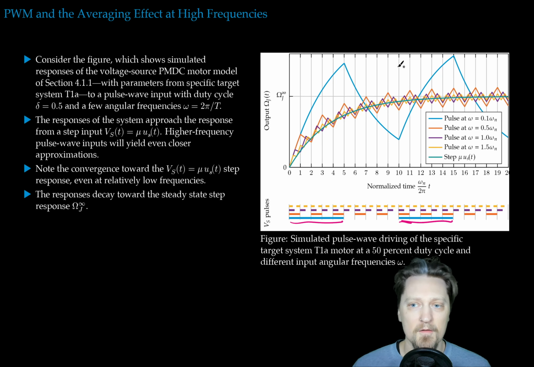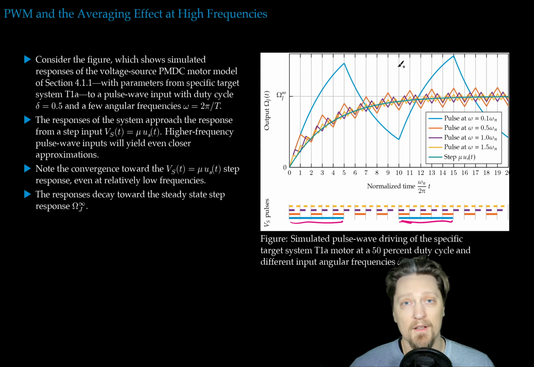So this is the power of PWM. As long as the load that you're applying the PWM to has an averaging effect on high frequency inputs, you can get away with varying the input average value by changing the duty cycle of the PWM signal.